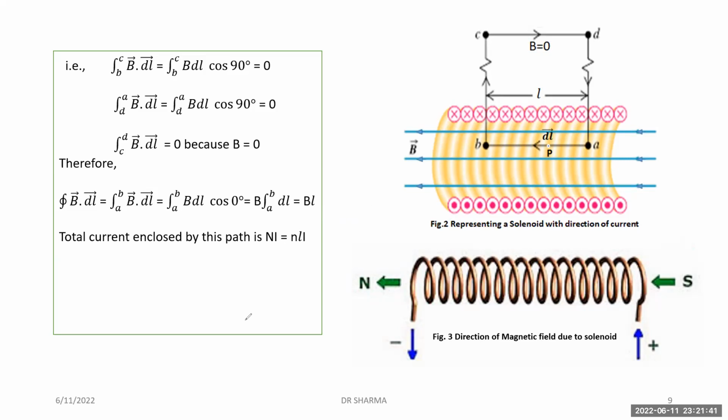Current through a single loop is I, and the total number of turns is represented by capital N. Small n is the total number of turns per unit length. So the definition is number of turns per unit length, which implies capital N is equal to small n times L.